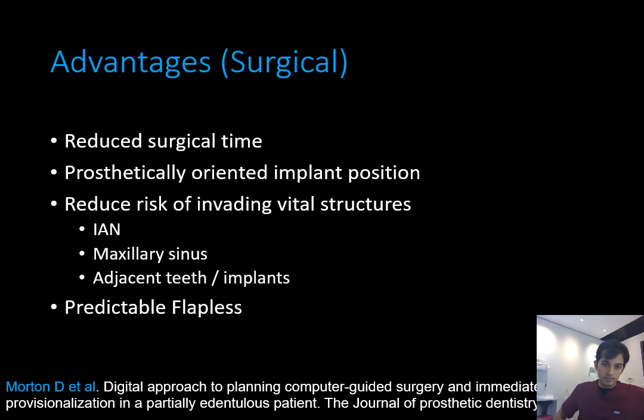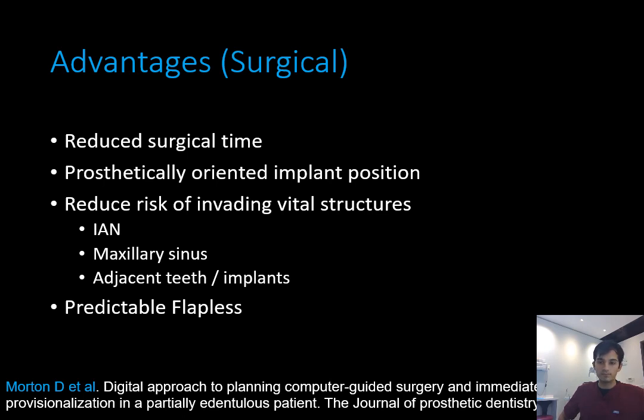And finally, as per his article, having a surgical guide makes flapless surgeries very predictable. Now, I personally don't do too much flapless. I think having the benefit of a second stage is really great in terms of optimizing the soft tissue profile, guaranteeing that you have adequate thickness and height of soft tissues around the implant. But when you want to go flapless, it's no longer a blind procedure.